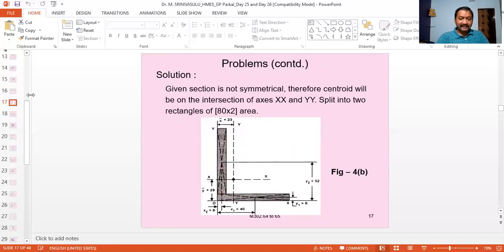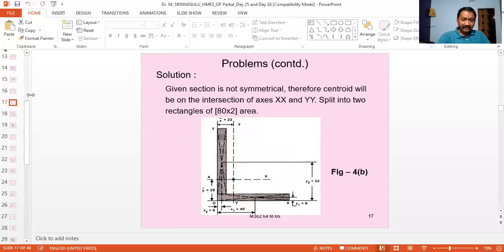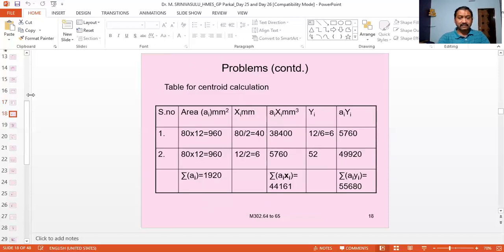The length is 80 and thickness is 12, so 80 into 12 is 960 square millimeters. Now coming to x1. For rectangle 1, the total width is equal to 80 millimeters, so x1 will act at a distance of 80 by 2, that is 40.